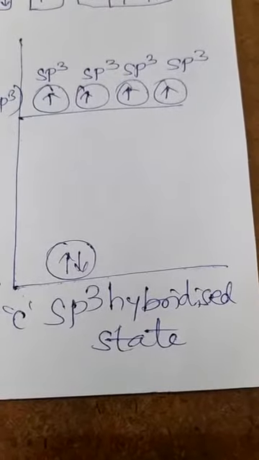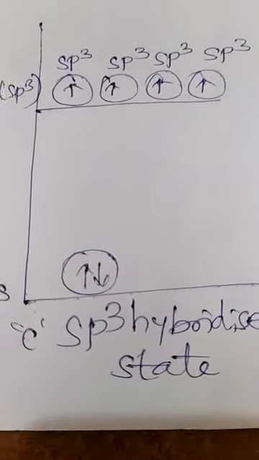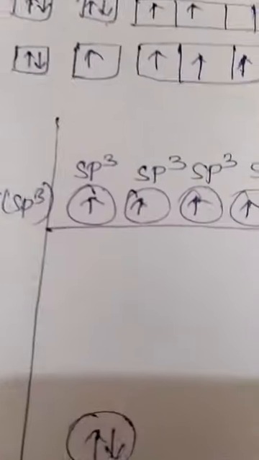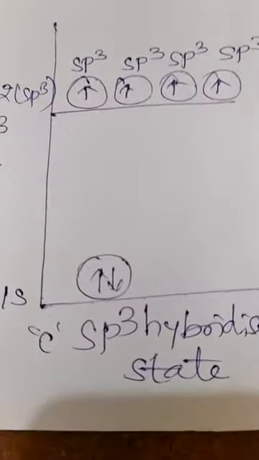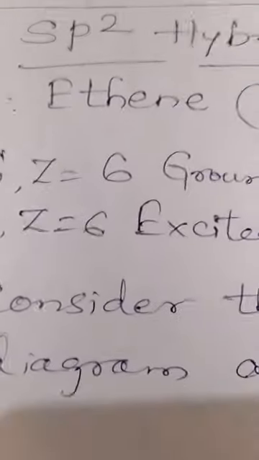So there are four sp3 hybrid orbitals which have equal energy. If you consider the methane molecule, look at the structure as shown here.